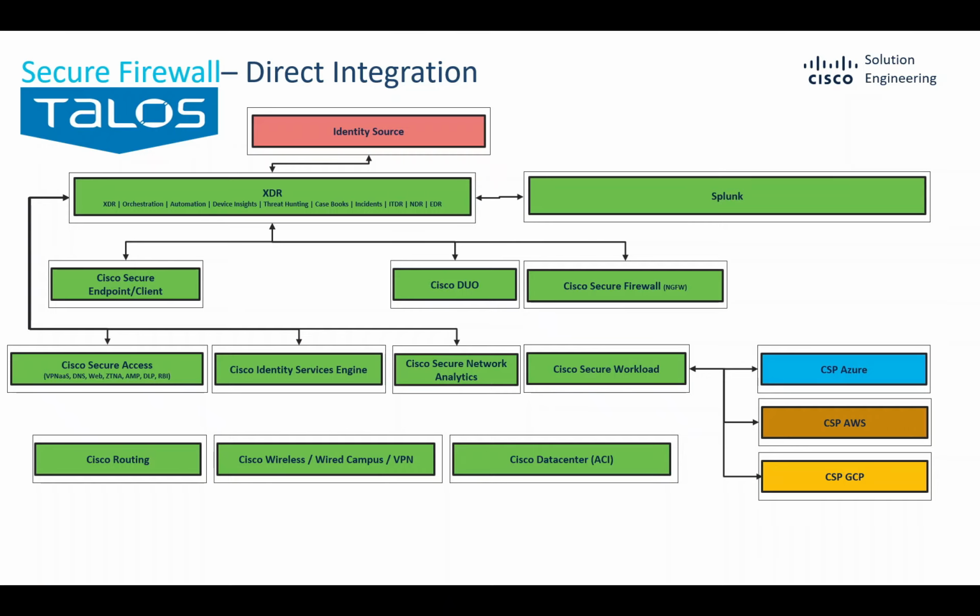You've got Secure Network Analytics, looking at the behavior of the network and providing data and insight back into the platform when something nefarious is going on, so our network detection response capability. We have Cisco Secure Workload providing us insight into micro-segmented based policies within the data center. Then we have integrations, including Cisco Routing, where we get SD-WAN with Security Services Edge capability being provided by Secure Access.